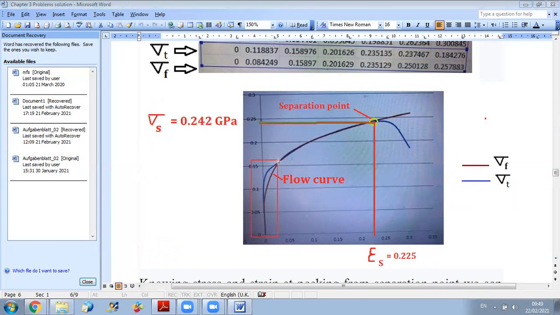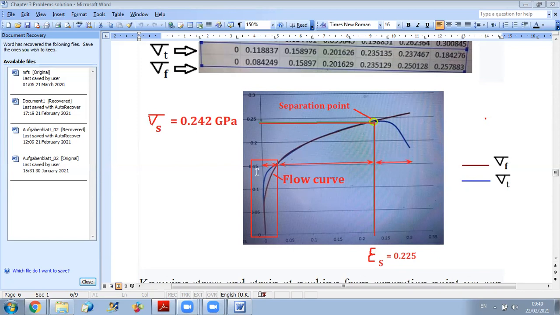Now, after the yield point, you have a perfect match between the flow curve and the true stress-strain curve. This is expected because this is the strain hardening zone. So you can see the three regions on this graph: this is the elastic region, this is the strain hardening region, and this is the necking region.